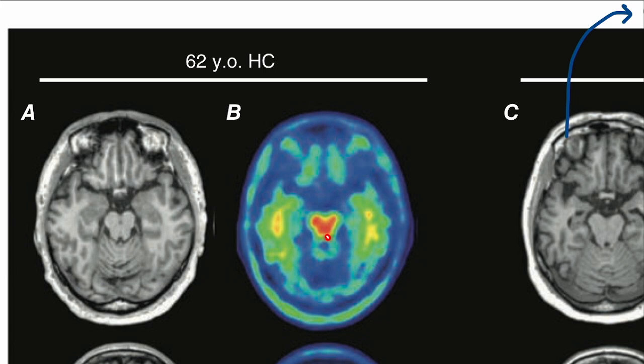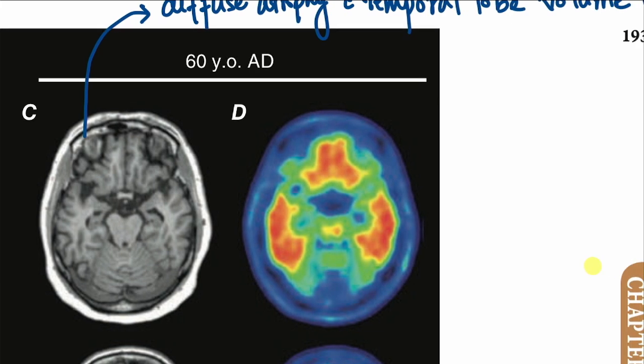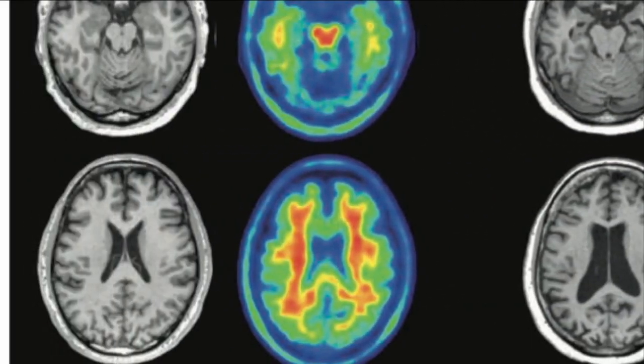It is the PET scan which shows reduced uptake or very low uptake of amyloid or tau proteins. Here you can see increased uptake of amyloid. It is deposited in the frontal regions, in the temporal regions. This is also suggestive of Alzheimer's disease.